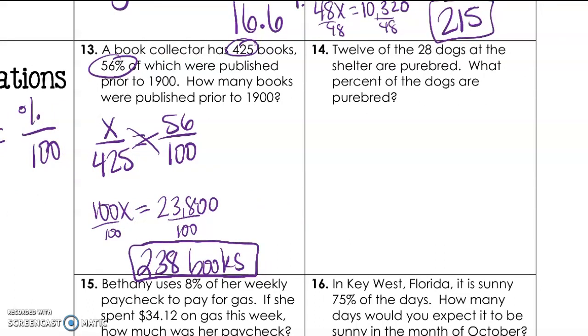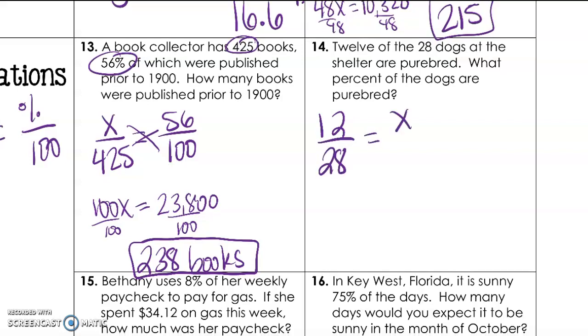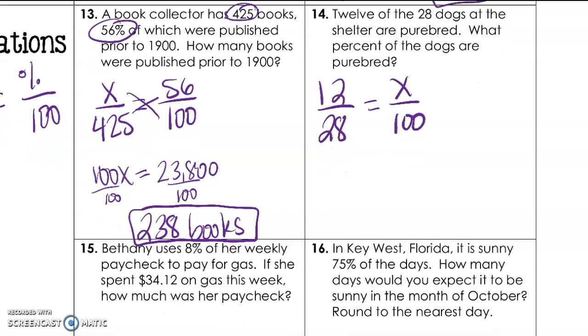For 14, 12 of the 28 dogs at the shelter are purebred. What percent are purebred? So you're trying to find the percent. So 12 out of 28 is what percent out of 100? So we would have 28x equals 1200.